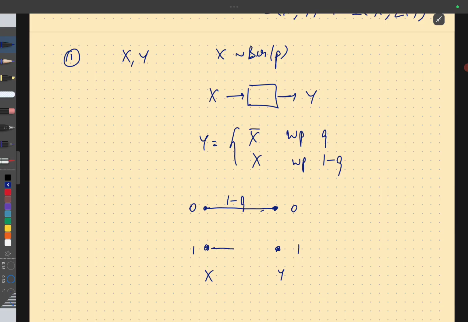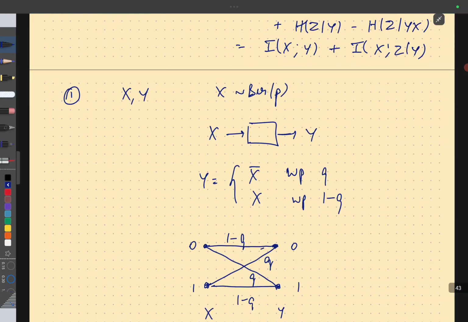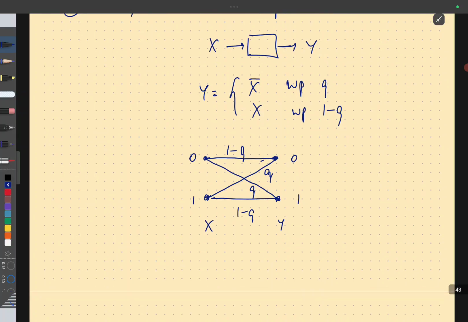If x is equal to 1, then y is equal to 1 with probability 1 minus q, and they get flipped with probability q. Okay. So this is what is called the binary symmetric channel.